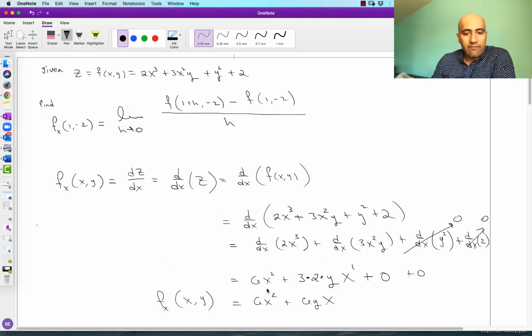And now that we have this function, we can go back to the point 1 comma negative 2 and evaluate this function at those results.